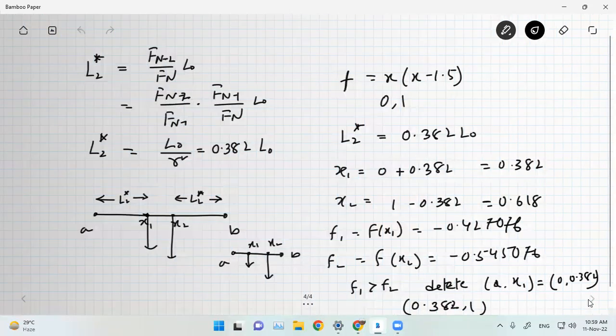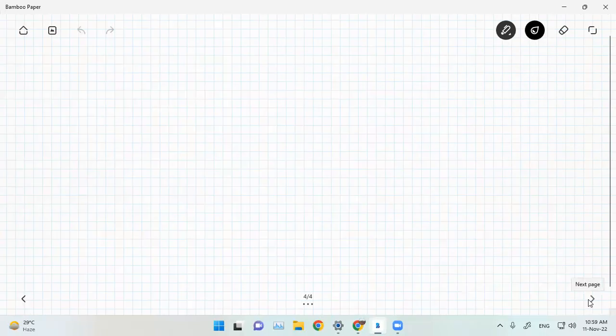So let's go to the next one. The next interval is given as 0.382 to 1.